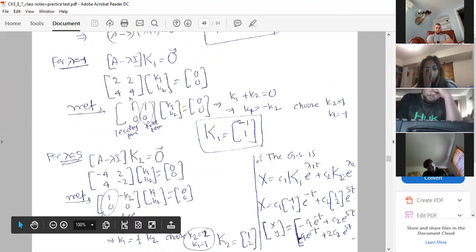Capital X1 is this one, capital X2 is this one, plug the values, and this is the solution. Or in general, capital X is nothing but small x and y. Just write down these two equations. That is the solution of your coupled linear equations.